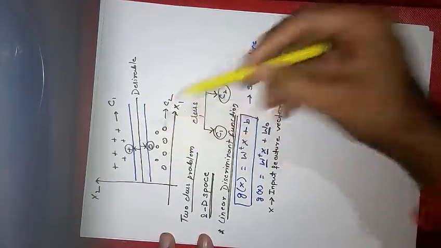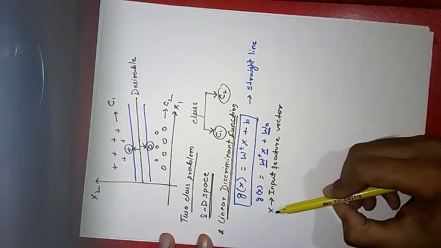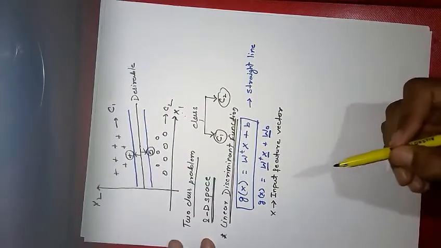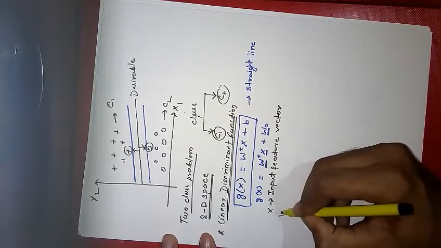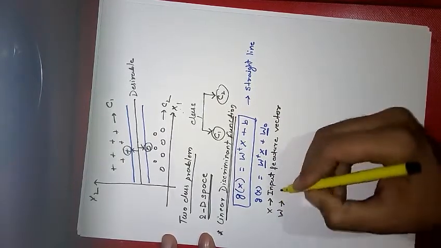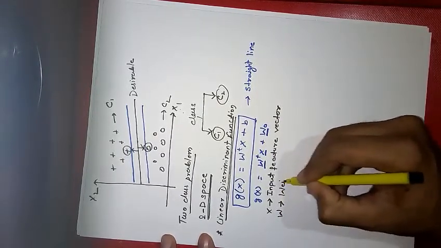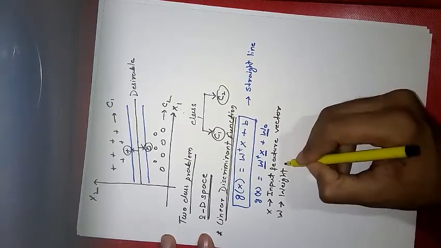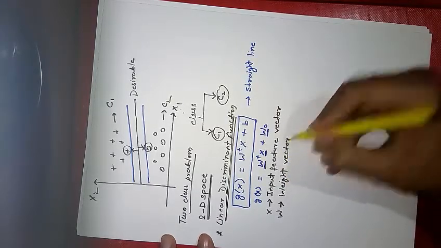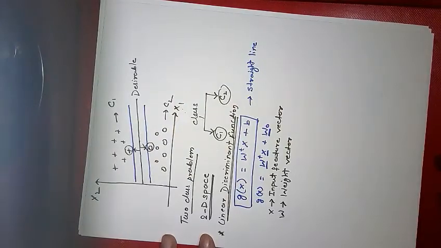So these are the input feature vectors which are denoted by x. Now what is W? W is the weight vector, the weight vector of these input vectors.